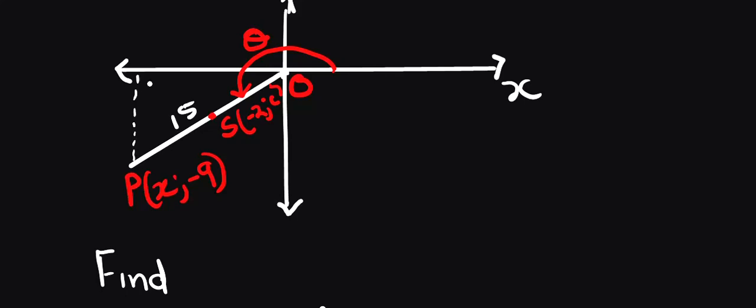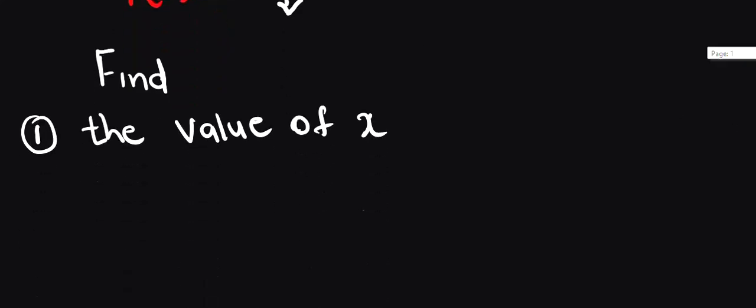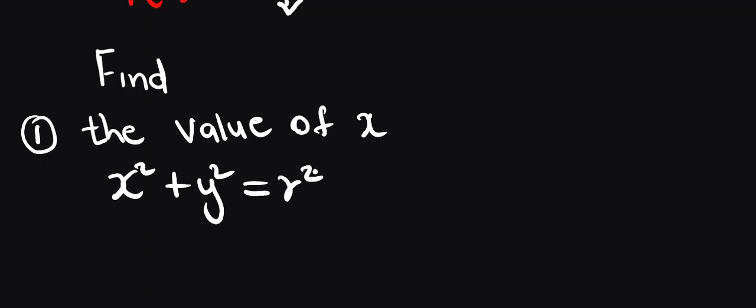We can draw the line here, then we have a 90-degree angle here. Therefore, this is y and this is x. The theorem of Pythagoras is x squared plus y squared is equal to r squared. We are looking for x.